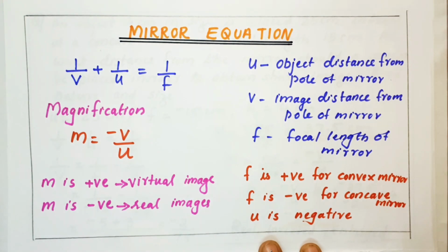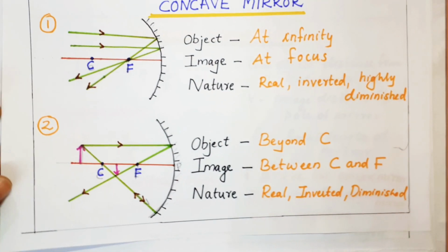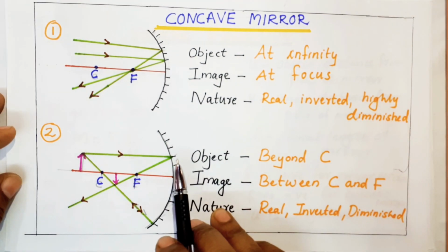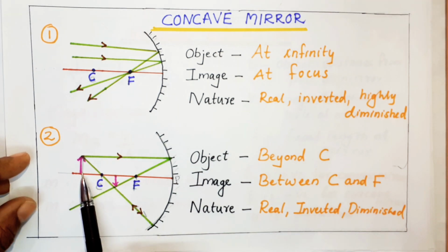Now, next I am going for the mirror equation. Mirror equation means, now we did the ray diagrams. In the ray diagrams, we need to explain a few points. So I am just taking any one ray diagram here, the first ray diagram. In this ray diagram, you see the second diagram, the object is here.